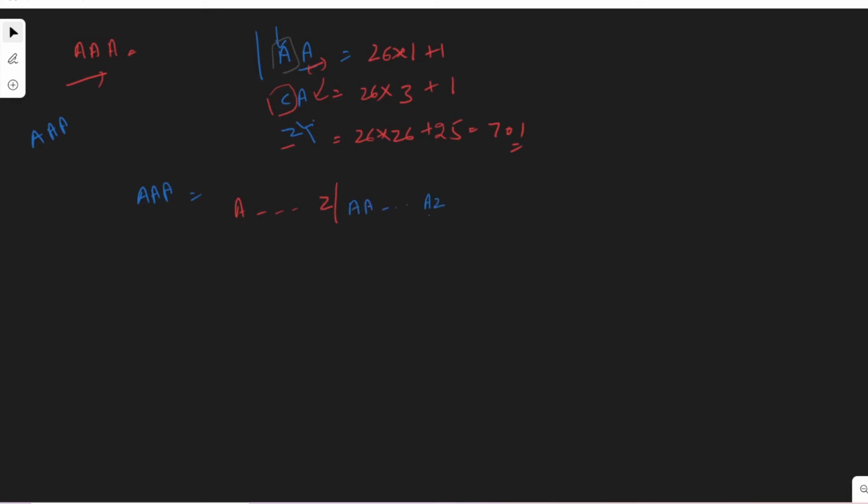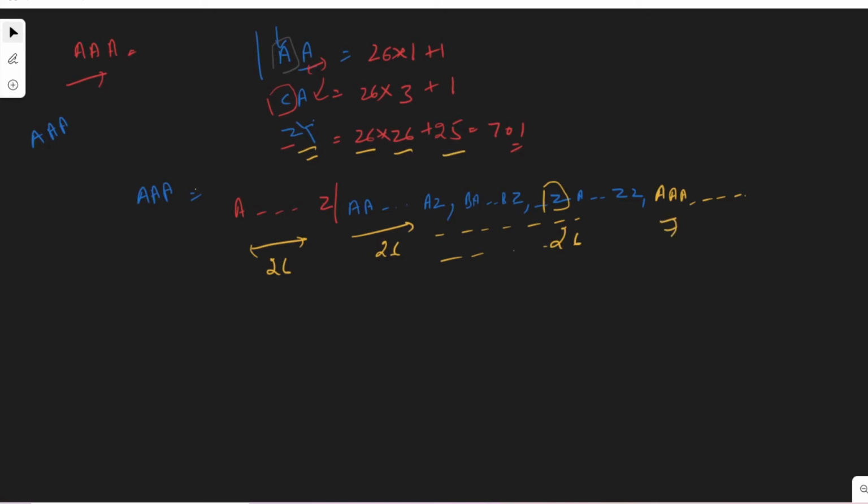So AZ, then BA till BZ, then finally ZA till ZZ, and then comes this part A. So as we can see, we have passed 26 here, then 26 here, and this 26 is nothing but 26 times till Z. So 26 here till 26. That's how we came across for ZY. It is 26 times 26 plus 25.